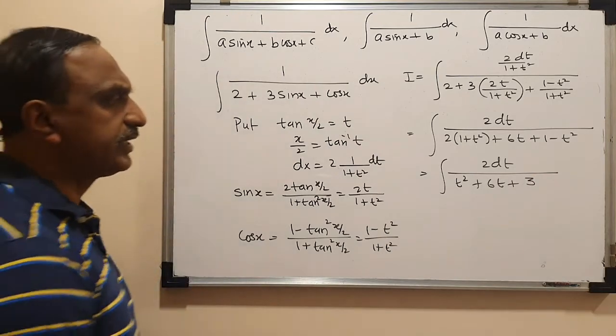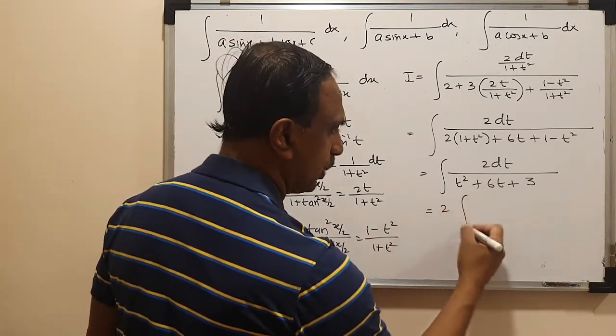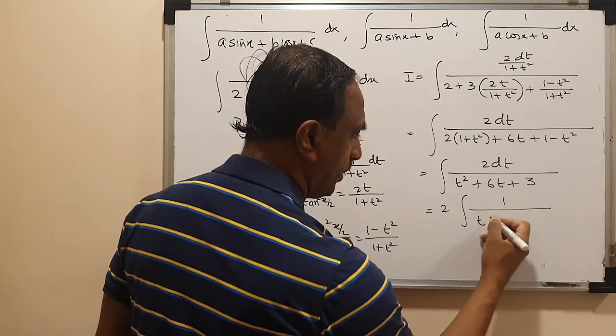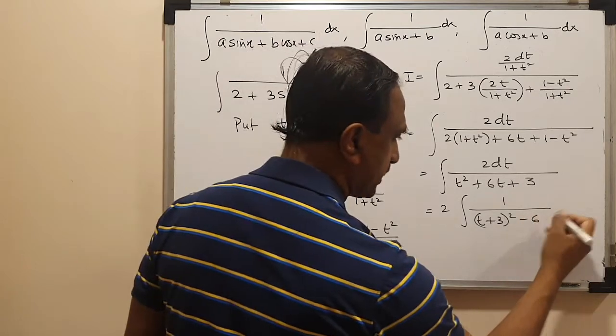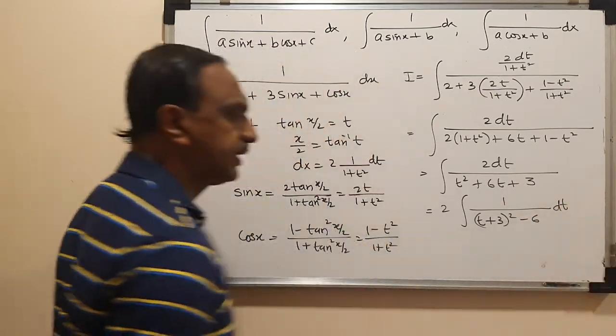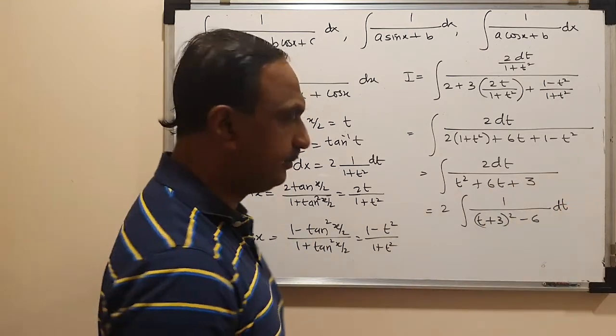Now we can complete the square. So this will become 2 goes outside, 1 upon t plus 3 the whole square, that is 9 minus 6. I completed the square: t square plus 6t, added 9, subtracted 9.